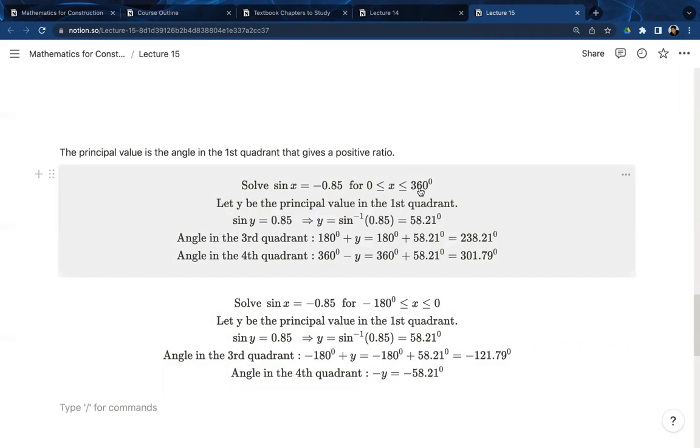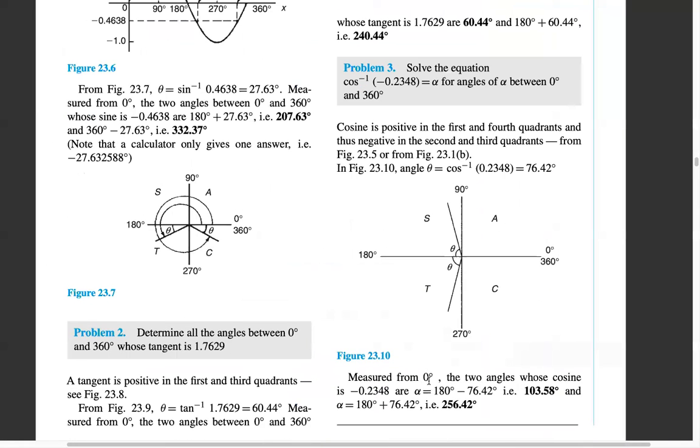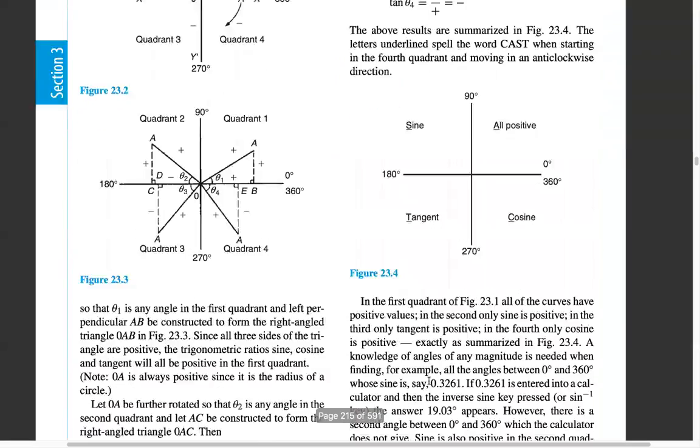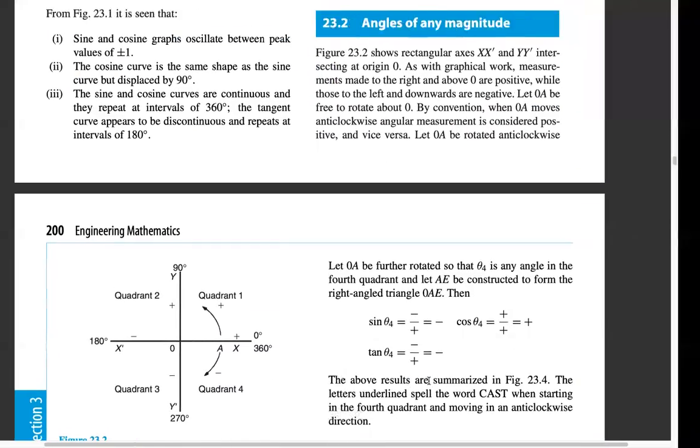So you kind of need to draw a diagram for these problems when you have to find the inverse sine or cosine or tangent of a value. It is not very easy. And these diagrams and these parts of the textbook show that these things are not easy for you, right? So go through this again and make sure you understand it.